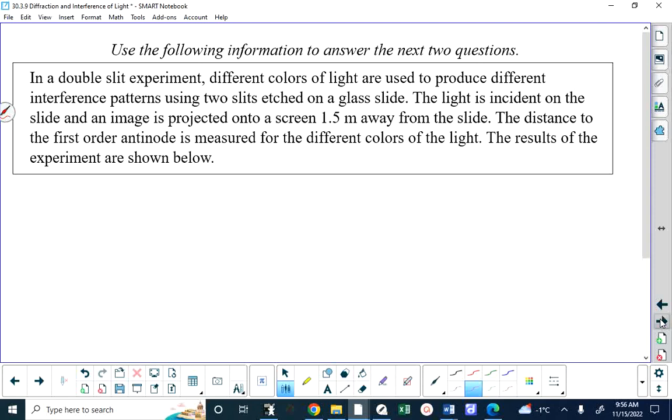And by the way, when you do your lab, you will know the wavelength. You'll be able to look at this, and my eyes can't read that, but you'll be able to read what the wavelength of this red laser light is. So when you collect your data for the red, you'll know lambda. They project the images, the diffraction and interference patterns, on a screen 1.5 meters away.